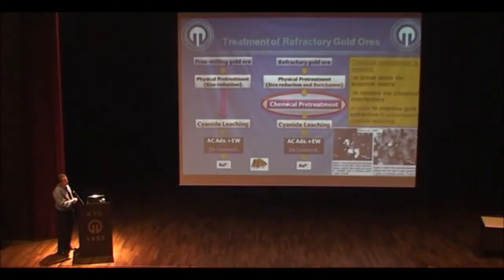However, for the refractory ores, gold encapsulated in pyrite, arsenopyrite or pyrrhotite needs to contact cyanide solutions to dissolve. That's why they need a chemical pretreatment first to open up or destroy the sulfide matrix so that it can be exposed to the action of cyanide.